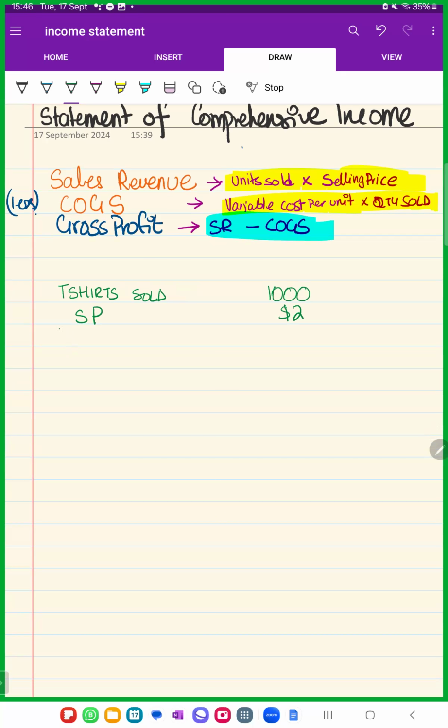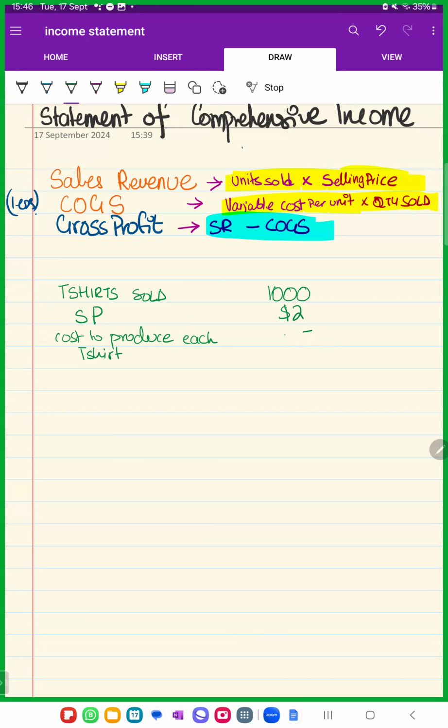The variable cost, the cost to produce each t-shirt, was 0.5 cents.